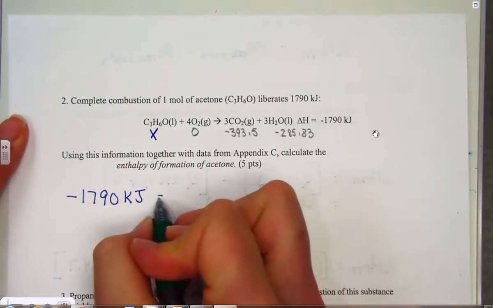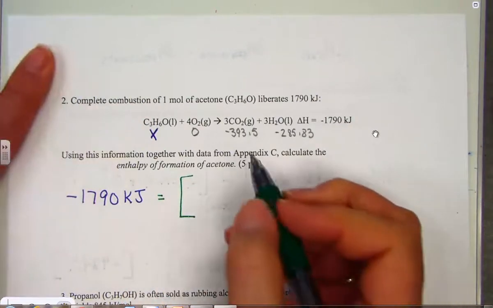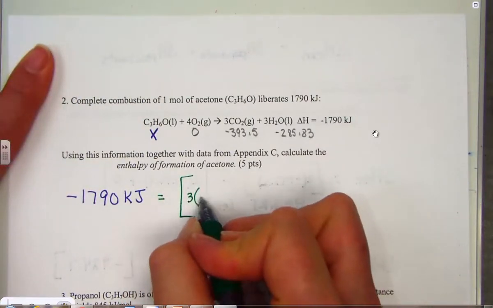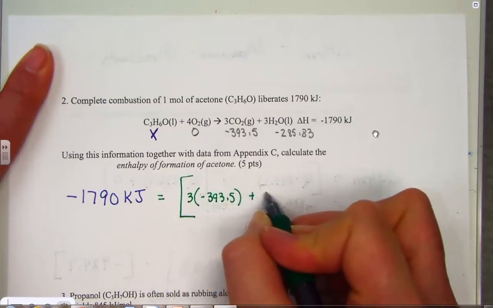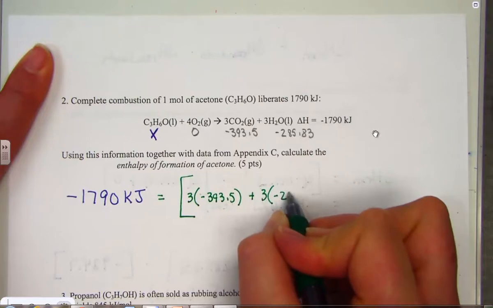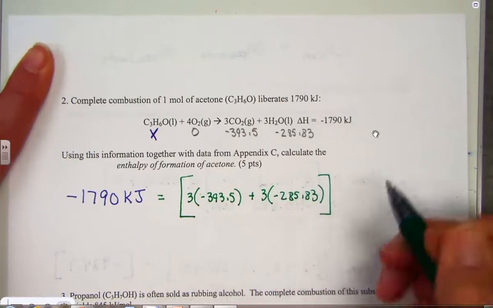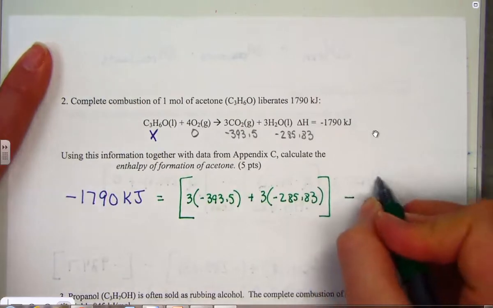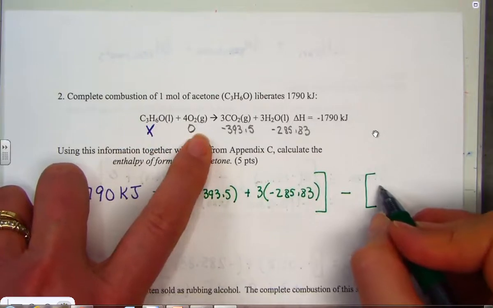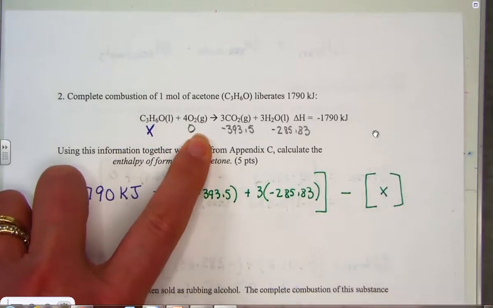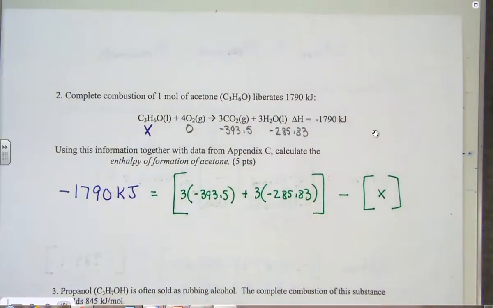Here's what we're being asked. The sum of the products minus reactants. We have 3 units of carbon dioxide plus 3 units of liquid water is the sum of the products, minus the sum of the reactants, which is X plus 0, or I'll simply write that as X. This is what we're trying to solve for, the heat of formation of the reactant.